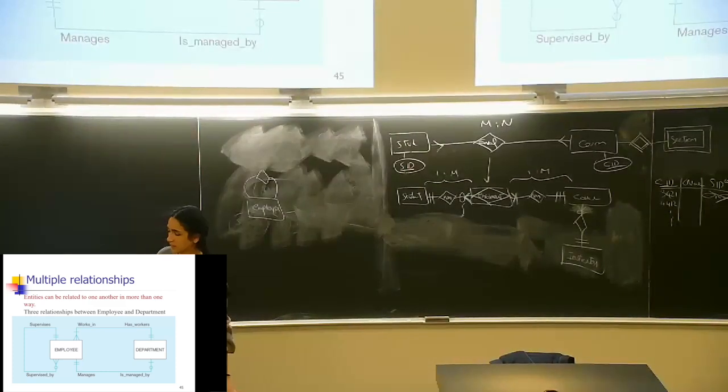So entities can be related to one another in more than one way. For instance, in this example, what types of relationships are you seeing here? For example, how many relationships exist between employee and department?